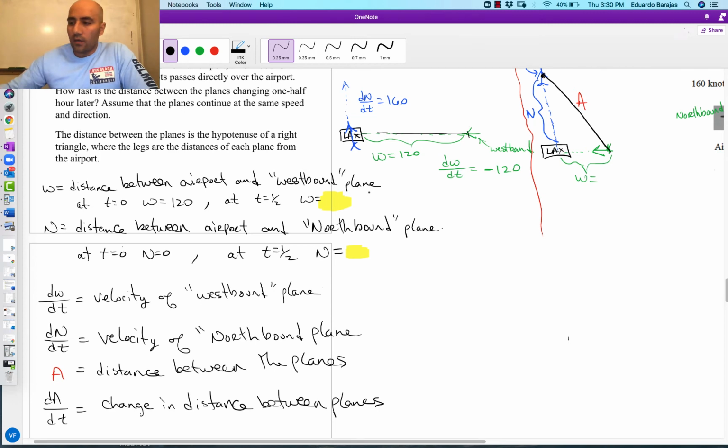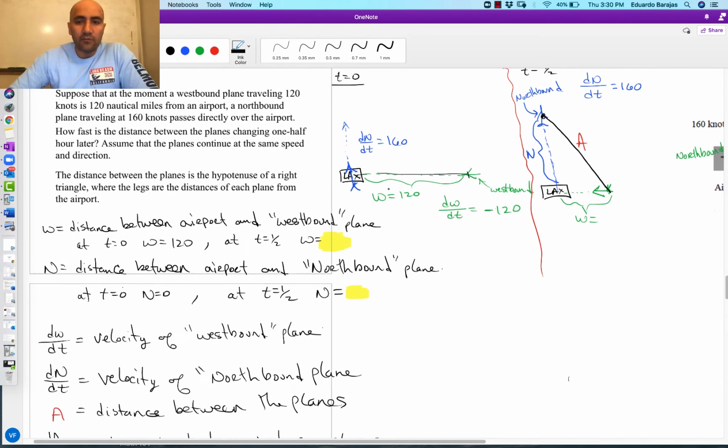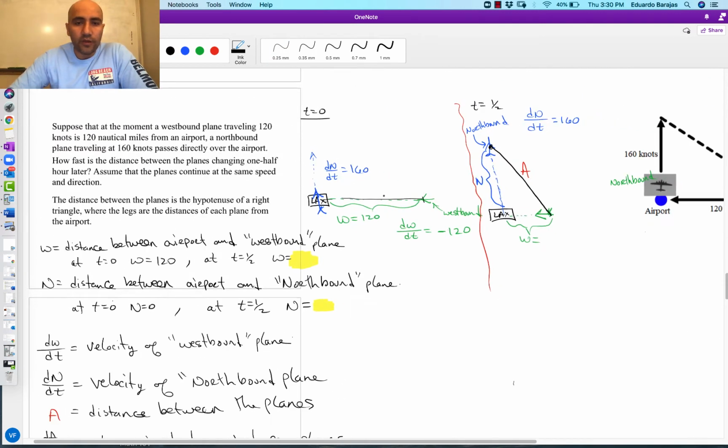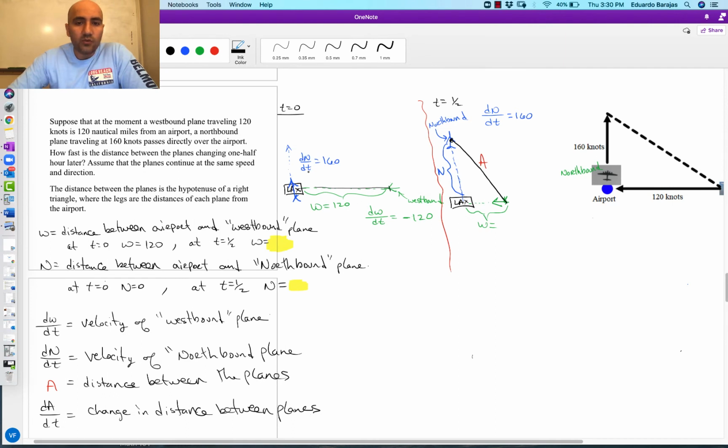Okay, so we've established that we have two different pictures going on. We have the case when time equals 0, and then we have the case when time equals 1/2 hour later. Now, the northbound plane is traveling at a fixed speed of 160 knots, 160 nautical miles per hour.